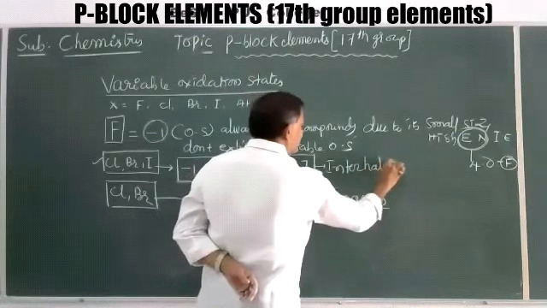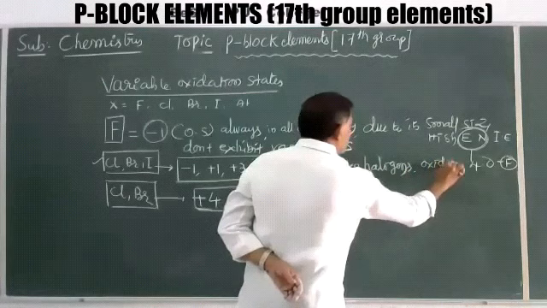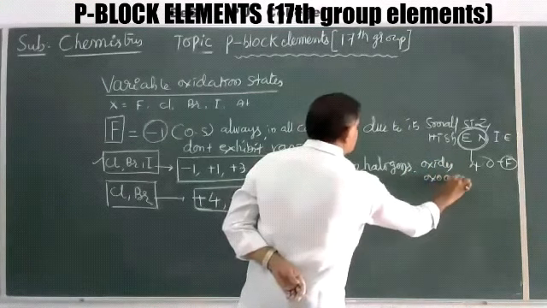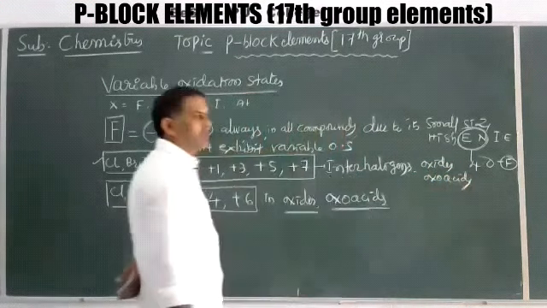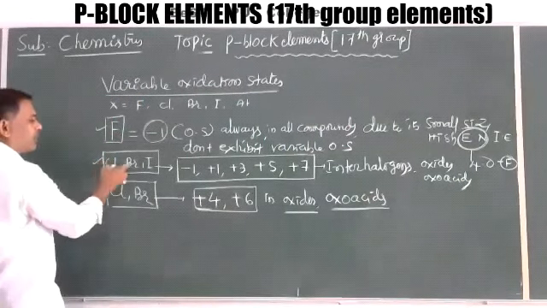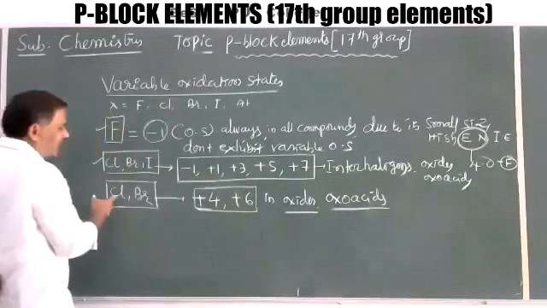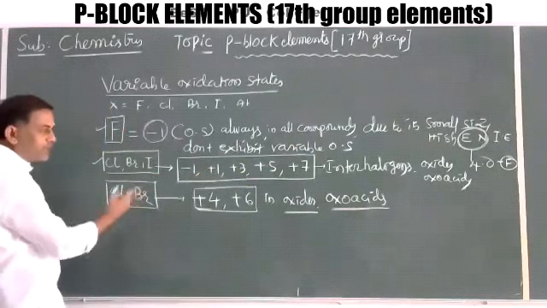What are interhalogen compounds? I'll explain. Interhalogens, oxides and oxo acids. Now here fluorine shows only -1, but chlorine, bromine and iodine show -1, +1, +3, +5, +7. Chlorine also shows +4 and +6.